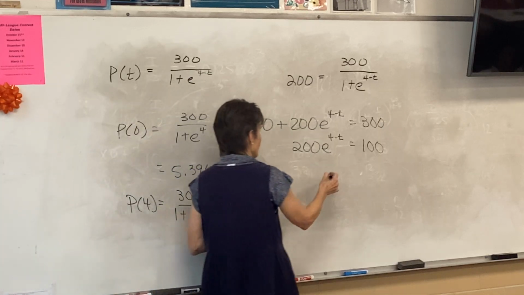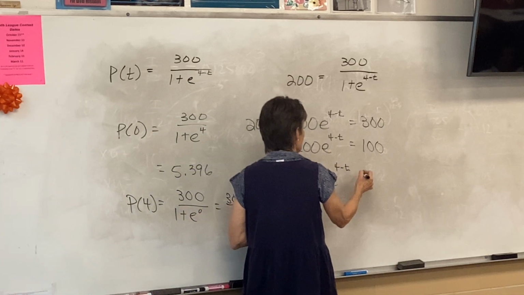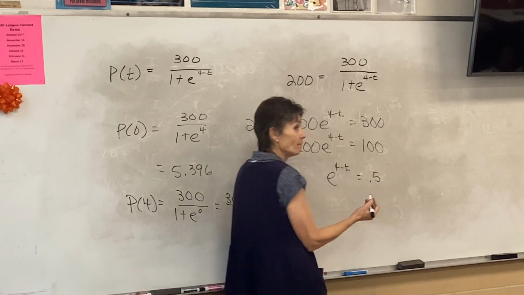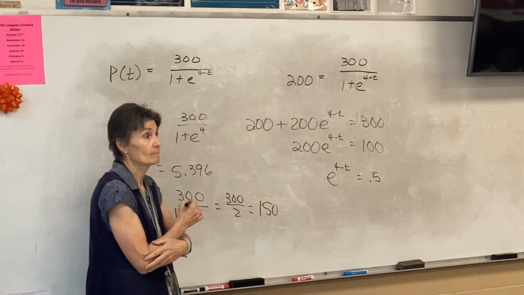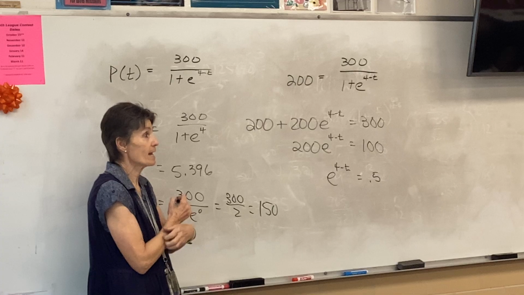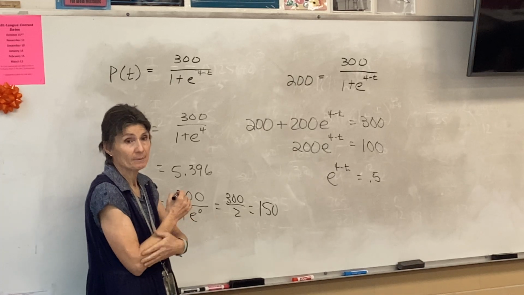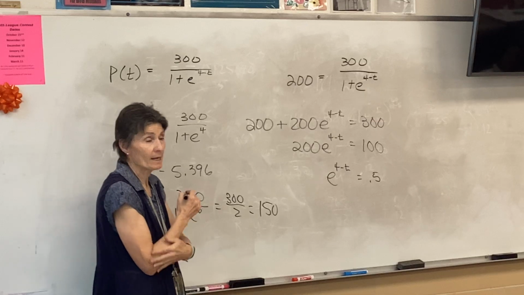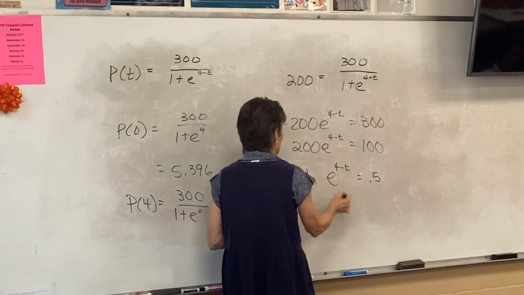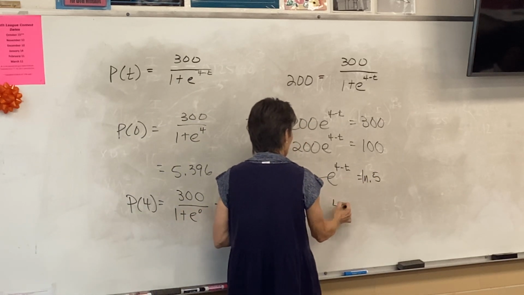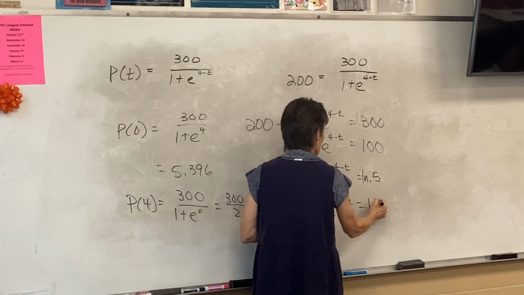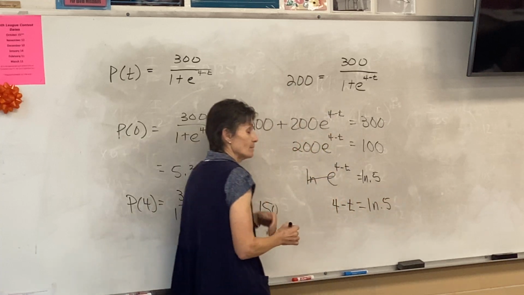Divide by 200, so e to the 4 minus t equals a half. Now look at the ln both sides. Are you keeping up? I'm going to ln. So 4 minus t equals ln 0.5.